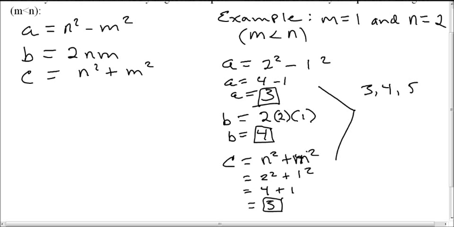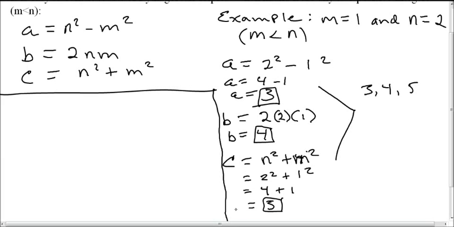Let's take a quick look and see what we can do if I have m as 2 and n as 3.